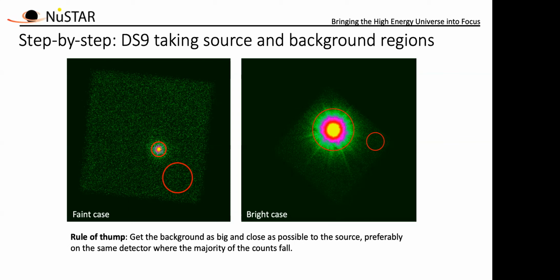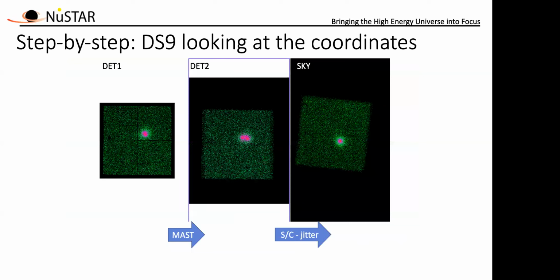We're not as fond of annuli because when you use an annulus, you end up on another detector quite often, because the source is sitting very close to the gap. It's sitting very close to the center of the detector, but it's on detector 0. So if you put an annulus around that, you are sampling detectors 1, 2, and 3 at the same time. So this is why we are not as fond of annuli. You can do it. It just means your internal background is going to be a little wonky.